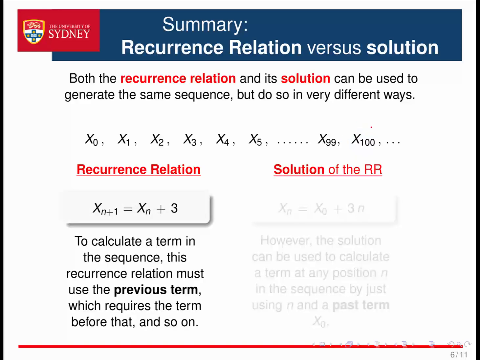We calculate x1 by substituting x0 into the recurrence relation, and then calculate x2 by substituting the x1 that we just found back into the recurrence relation. And then by iterating the recurrence relation over and over again, here we generate the terms x3, x4, x5, and so on.